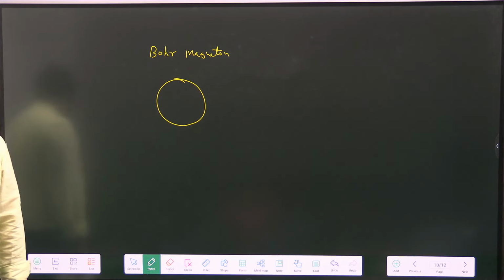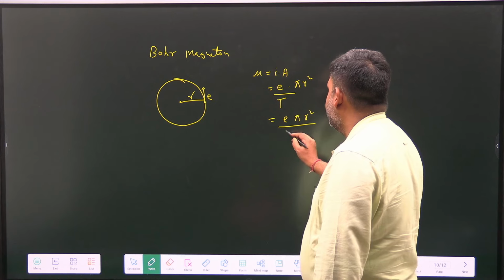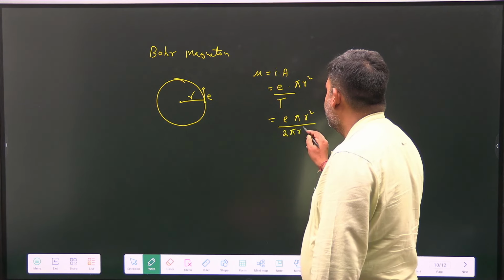If this is your radius r, then the current can be written as charge by time period, and the area is pi r squared. I can write the time period as 2 pi r by v, so the magnetic moment is e pi r squared upon 2 pi r by v.